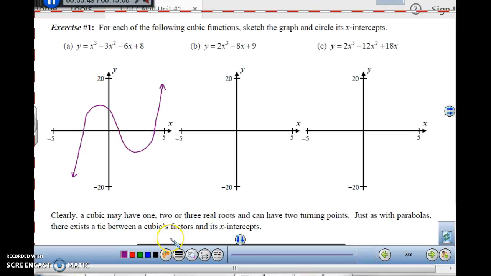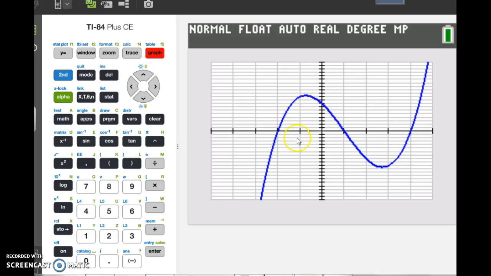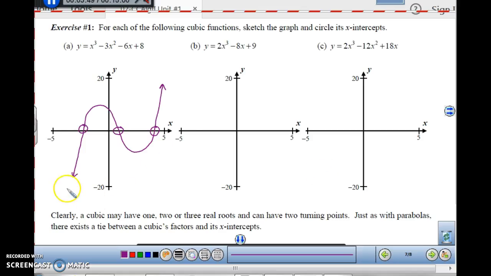All right, how many x-intercepts does this have? Well, it actually has 3. One here, and one here. If we look at our table, right there, and right there. Actually at -2, at 1, and at 4. So those are my 3 intercepts, or 3 zeros. So this one has 3 zeros, or 3 x-intercepts.